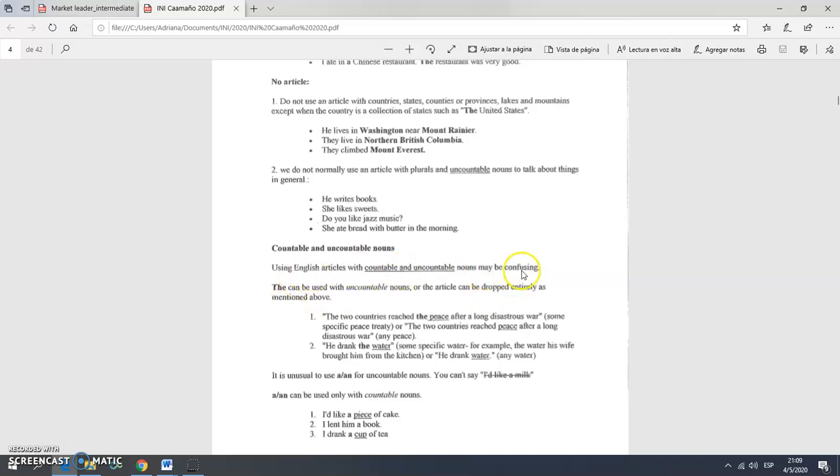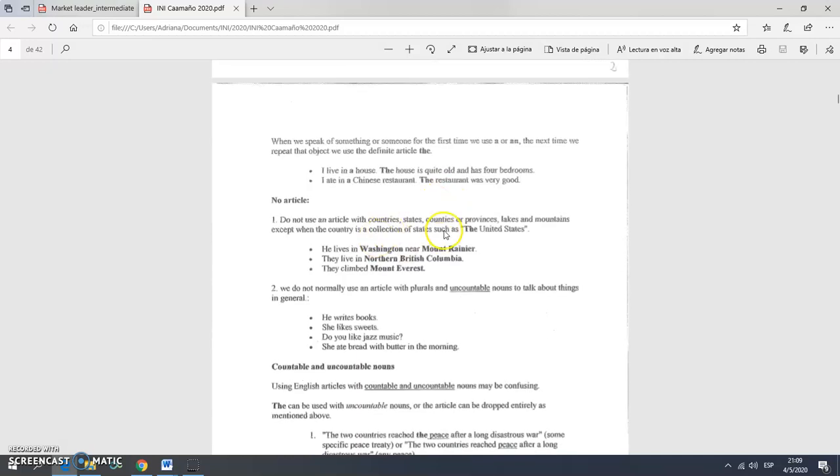When we are talking about generalizations, here it says we do not normally use an article with plurals and uncountable nouns to talk about things in general. That's why I use the word generalizations. And this is different from our own language, the way we generalize in English.